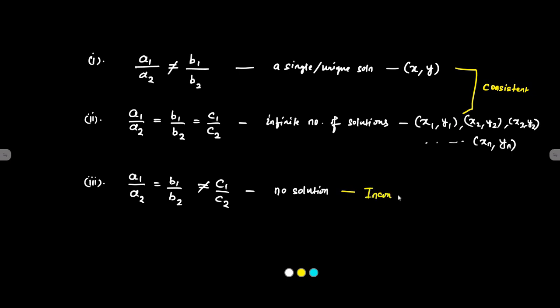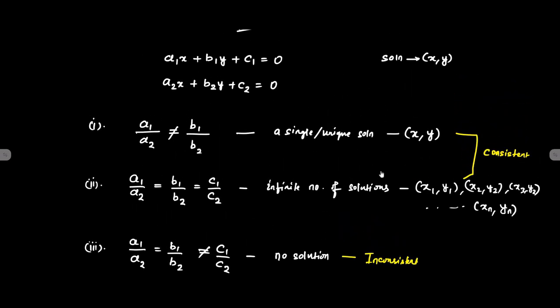In this condition, the system of equations is said to be inconsistent because it has no solution. Okay, so these are the three conditions.